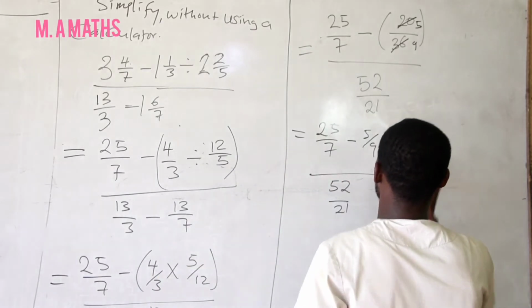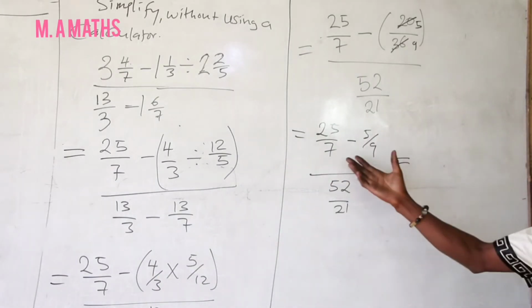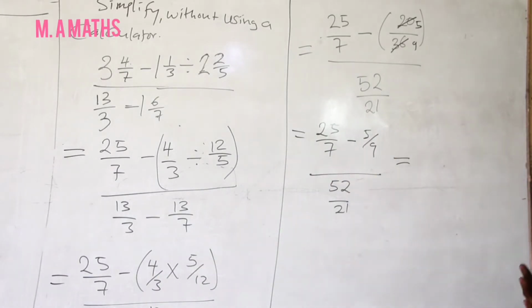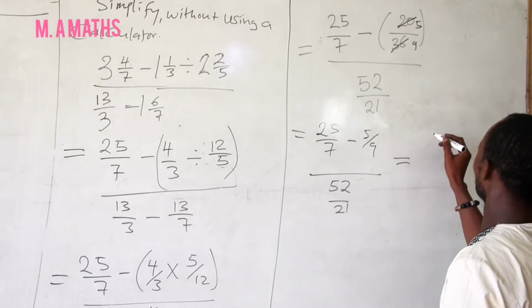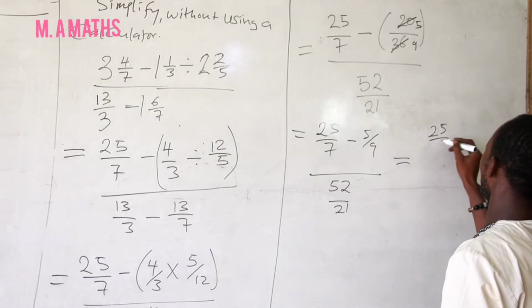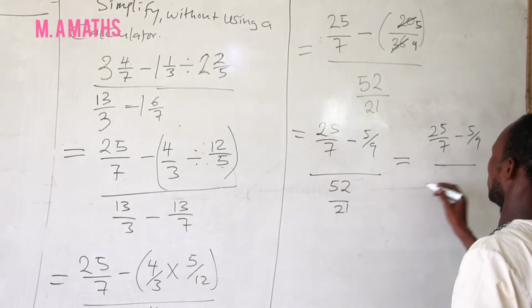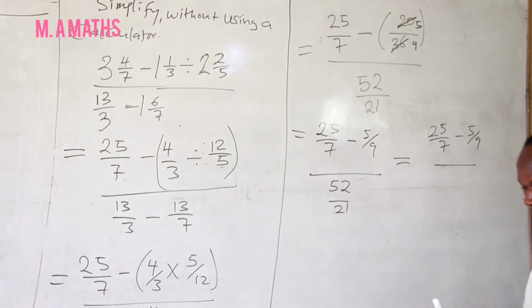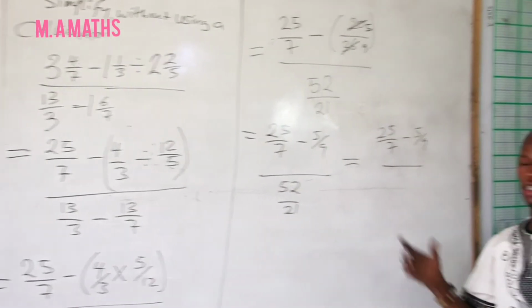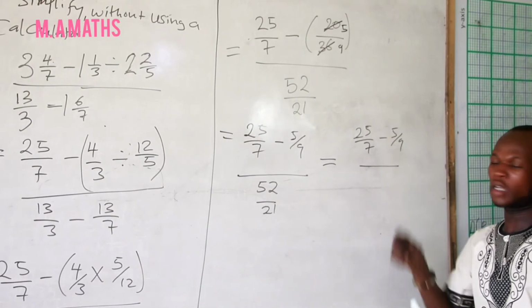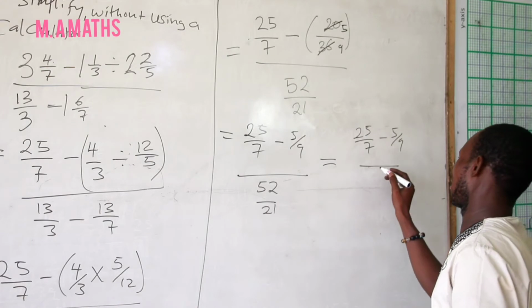With this question, we can go ahead to simplify the top and get a single fraction. 25 on 7, 5 on 9. The LCM, or least common multiple, for this will give us 63.